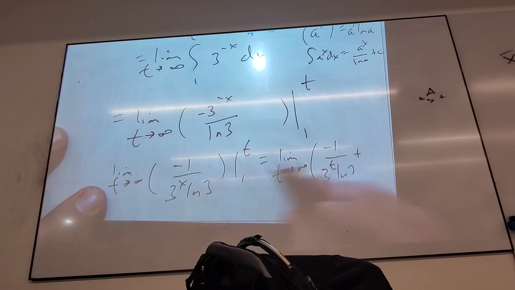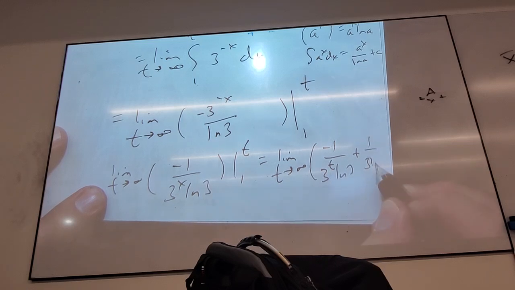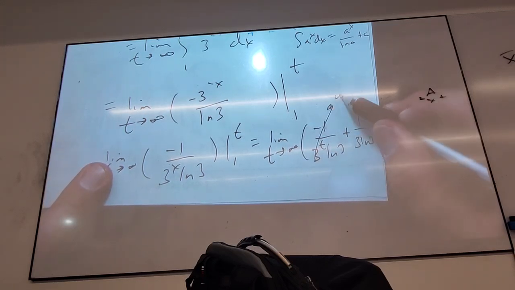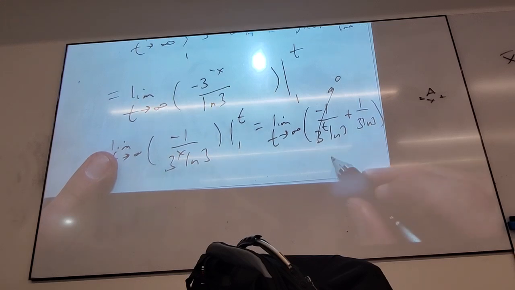When I plug a 1 in, I just get 1/3 ln 3, yes? If I let t go to infinity, what does this piece do? It goes to 0 because the bottom gets stupid big. So the answer is actually this.